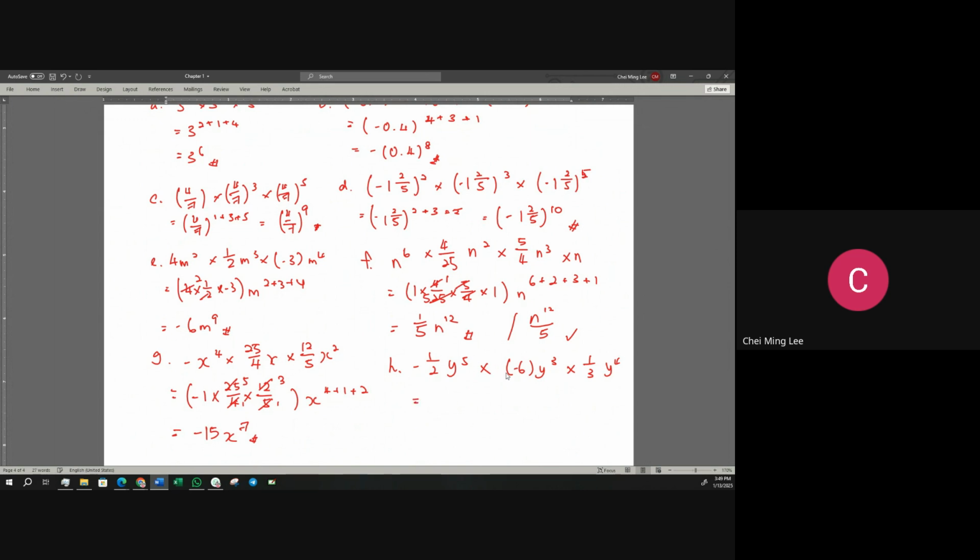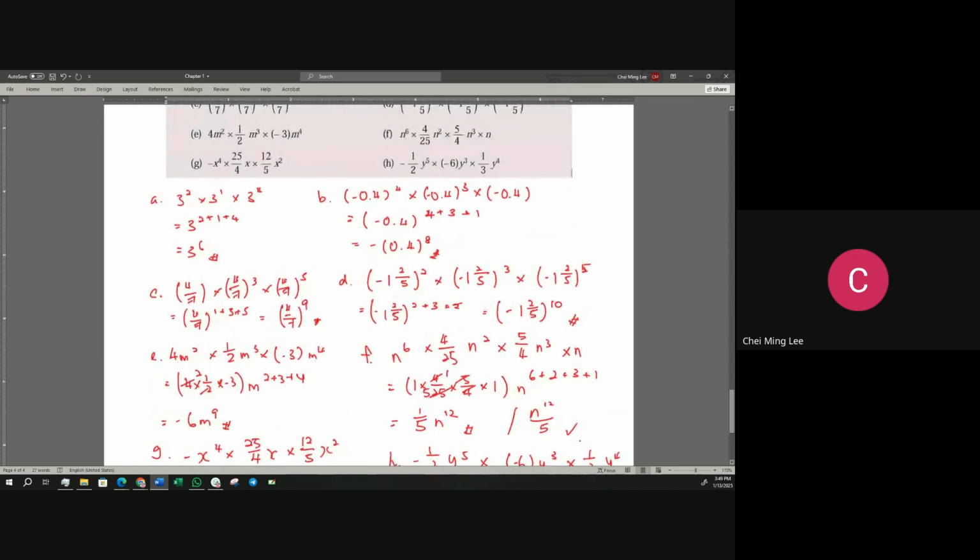Okay, so with this, we will get first negative 1 over 2 multiplied by negative 6, then multiply by 1 over 3. And then this is y to the power of 5 plus 3 plus, this one is how much are you? 4. This one is 4, is it?